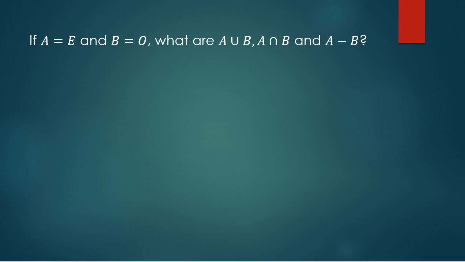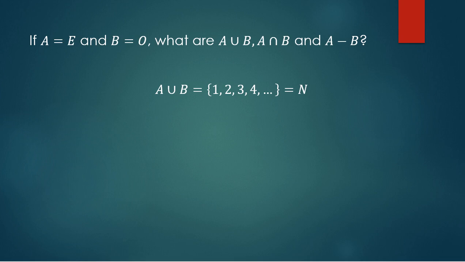All right, so let's see if you were correct in your answers. First up, the union. A is all even numbers, 2, 4, 6, 8, 10, and so on and so forth. B is all odd numbers, 1, 3, 5, 7, 9, 11, and so on and so forth.